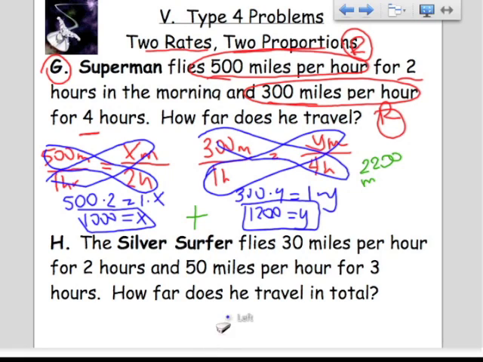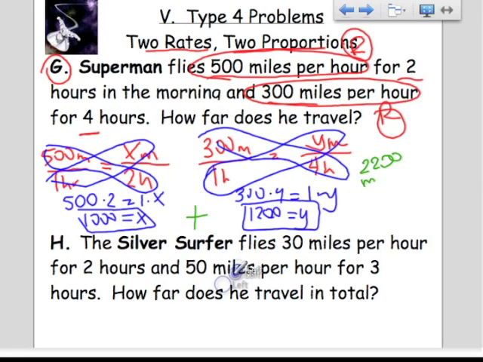Okay, you've tried, so now it's time to check your answer. First, identifying the information, the Silver Surfer flies 30 miles per hour. That's your first rate for 2 hours. And 50 miles per hour, that's your second rate for 3 hours. How far does he travel in total? So your proportion should have been the first one, 30 miles per 1 hour equals x miles for 2 hours.